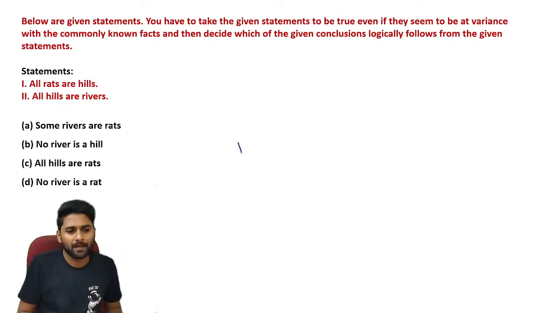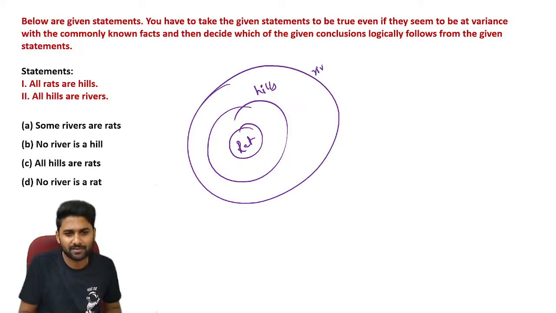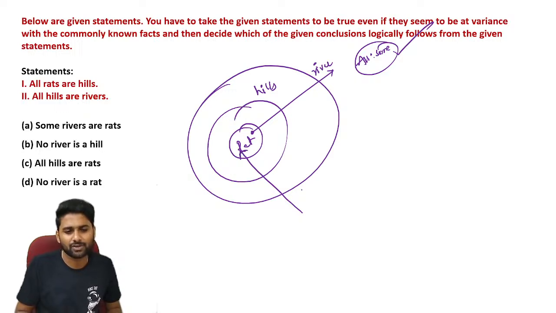Now see here, all reds are hills. All hills are rivers. Here, guys, remember this point. If all the circles are connected within the circles, if the comparison goes from inside to the outside, always all conclusions are valid. If any conclusion is compared from outside to the inside, only some conclusions are valid. Now see, some rivers are red, and some is always a valid conclusion.